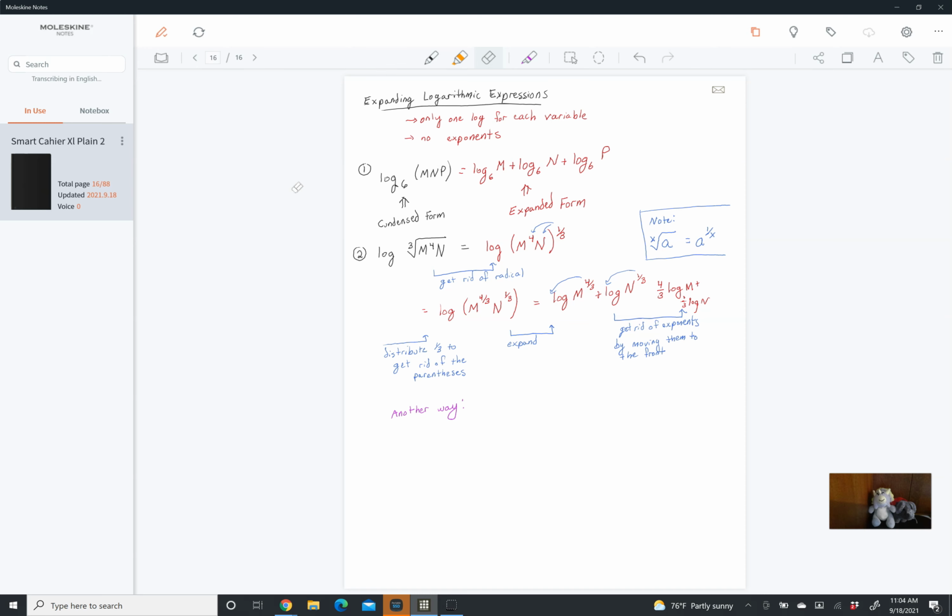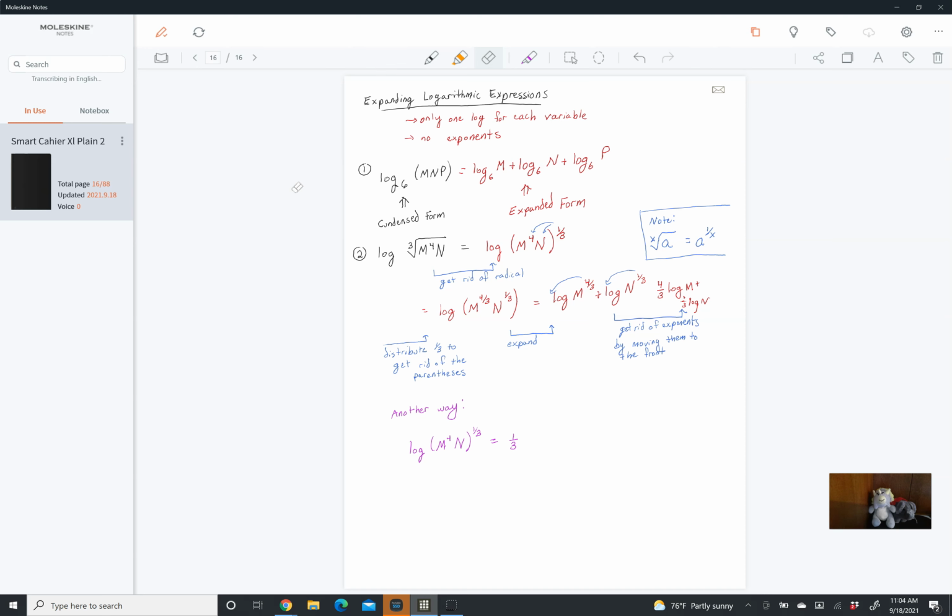So you would still want to do that m to the 4th n to the 1/3. Okay, that doesn't change. The difference is that what you could do is you could move the 1/3 out to the front first, but this is more complicated, and you'll see why.